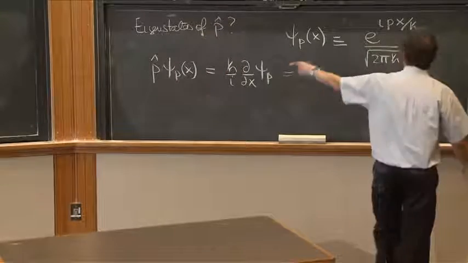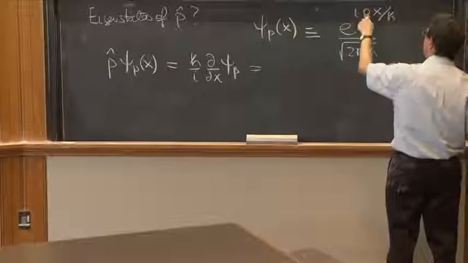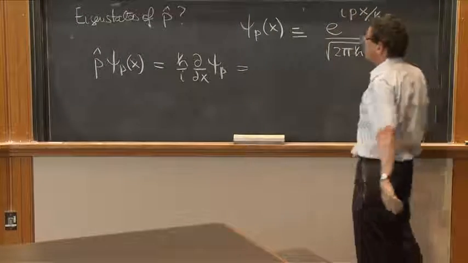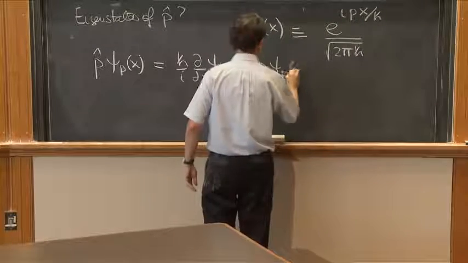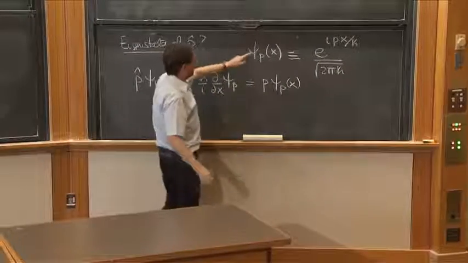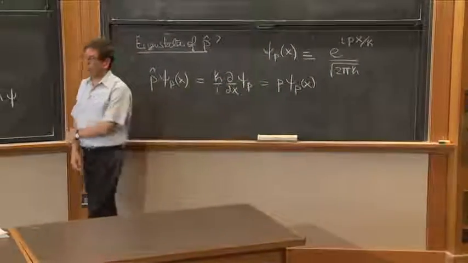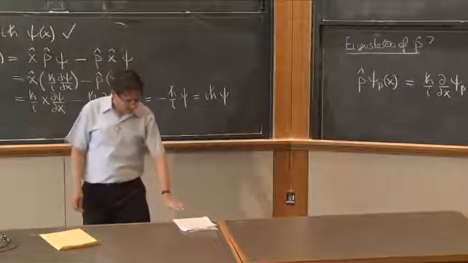And the h over i cancels the i over h. When you take the d/dx, you get p out, and you get the same wave function. So indeed, you get p times psi p of x. So indeed, this is the eigenstate of the momentum operator, and it has momentum p.